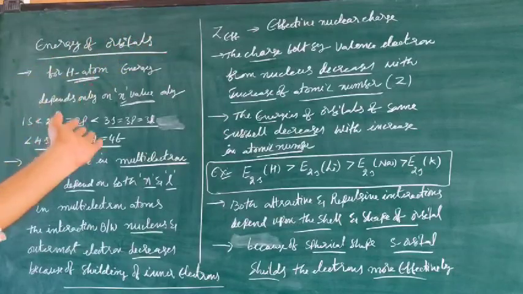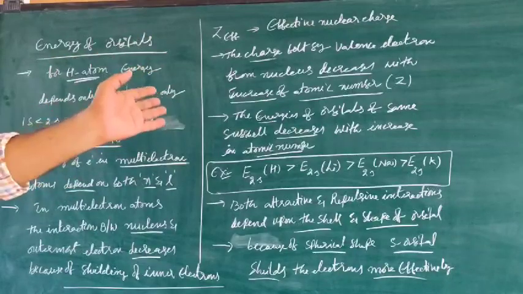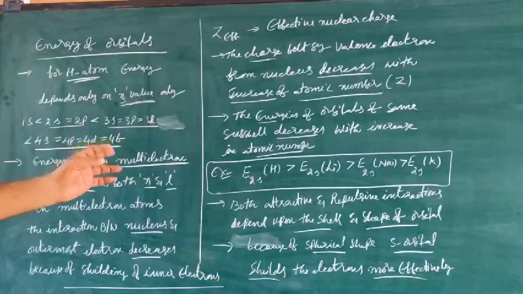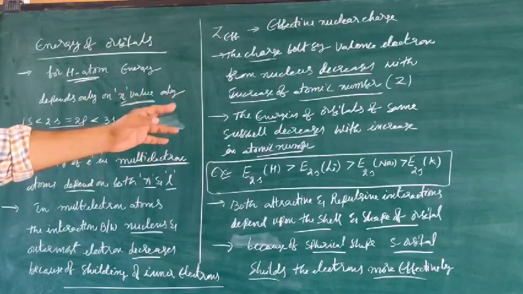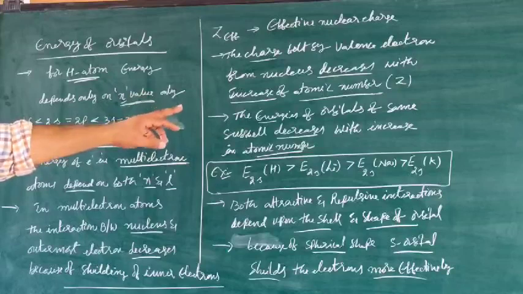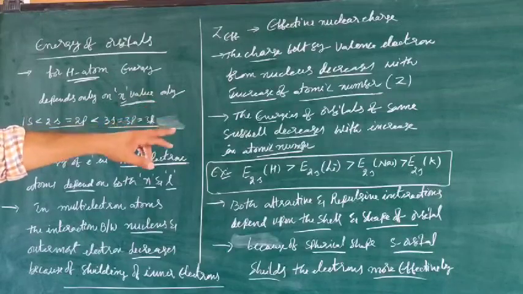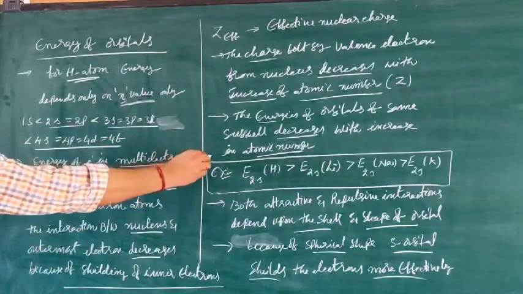If the atomic number increases, the charge experienced by the outermost electron from the nucleus decreases. The energies of orbitals of the same subshell decrease with increase in atomic number. Please observe again: the energies of orbitals of the same subshell decrease with increase in atomic number. This is important.